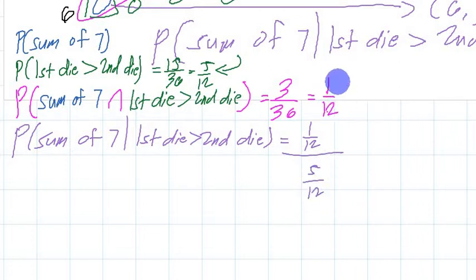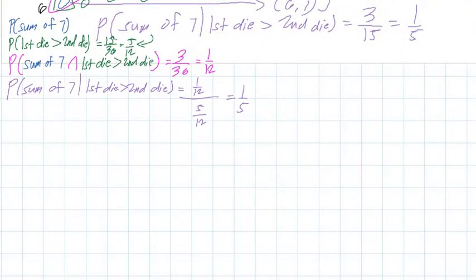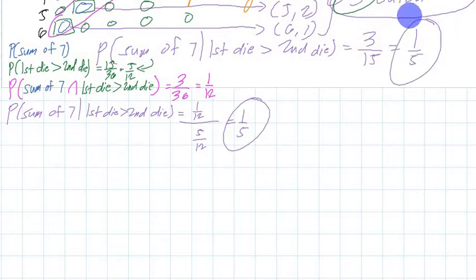We want to figure out what are the chances of getting this probability out of this probability. And once we simplify this, we're actually going to get 1/5, which is, if we zoom out a little bit, there you go. As we can see here, we have the same values.